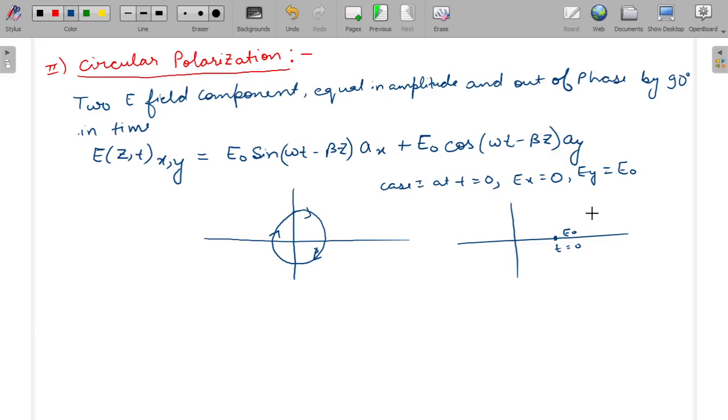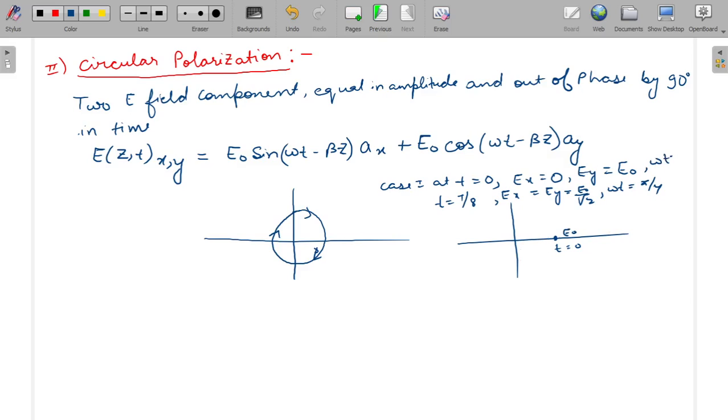Now when we take t equal to T by 8, in that case our Ex is equal to Ey, that is equal to E naught by root 2, and omega t is equal to pi by 4.